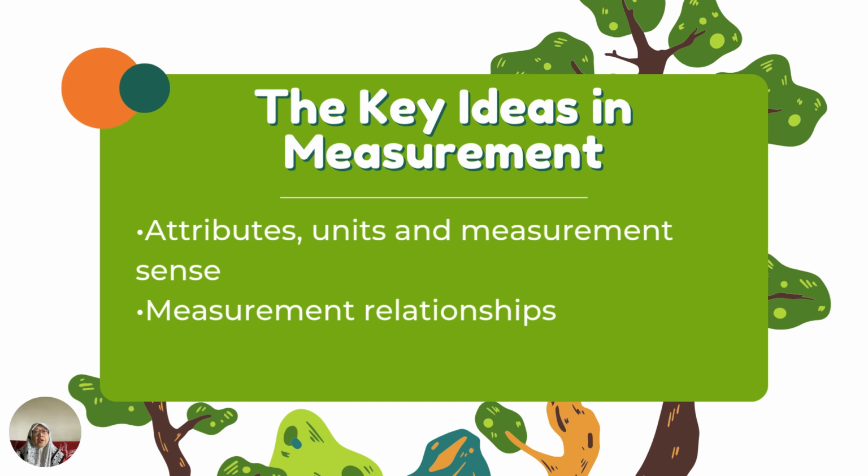And then we need to look at measurement sense. How do you teach measurement to your students who are in primary schools? Now the second key idea is measurement relationships. So we will look at this in a bit.